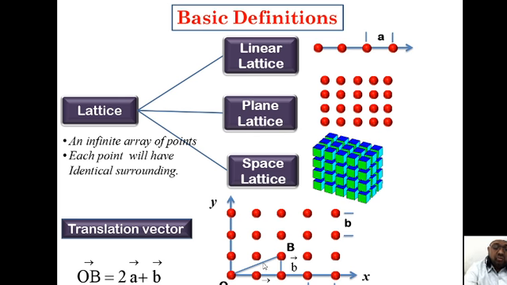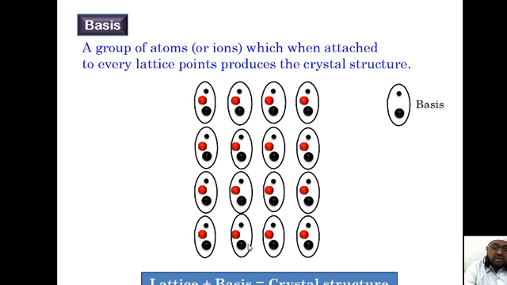Now this is the geometrical nature of the lattice point arrangement. Mathematically, how can we write it down by seeing the schematic graphical representation? Now we have already learned what the meaning of basis is. Basis are nothing but the constituent particles present in the solid, either atoms, ions or molecules.